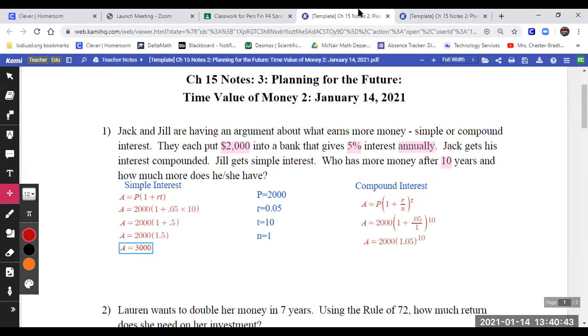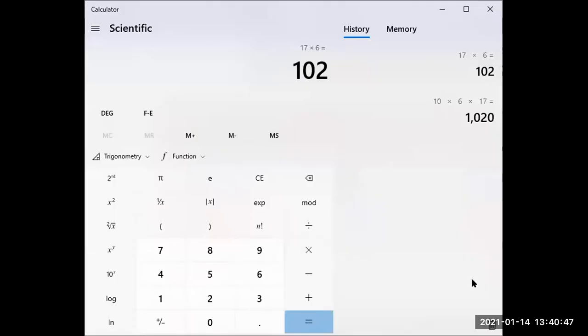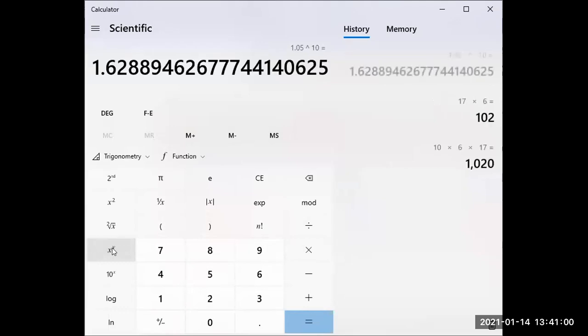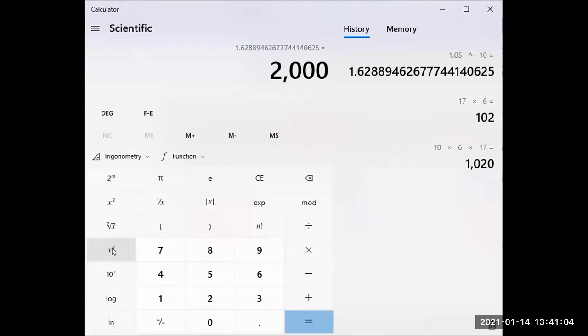Let me switch over my calculator. So I have to do 1.05, and remember, this X to the Y button is the "to the". See, it shows a little caret thing in the history. To the 10th power. I'm leaving that in there, and I'm multiplying by 2,000.